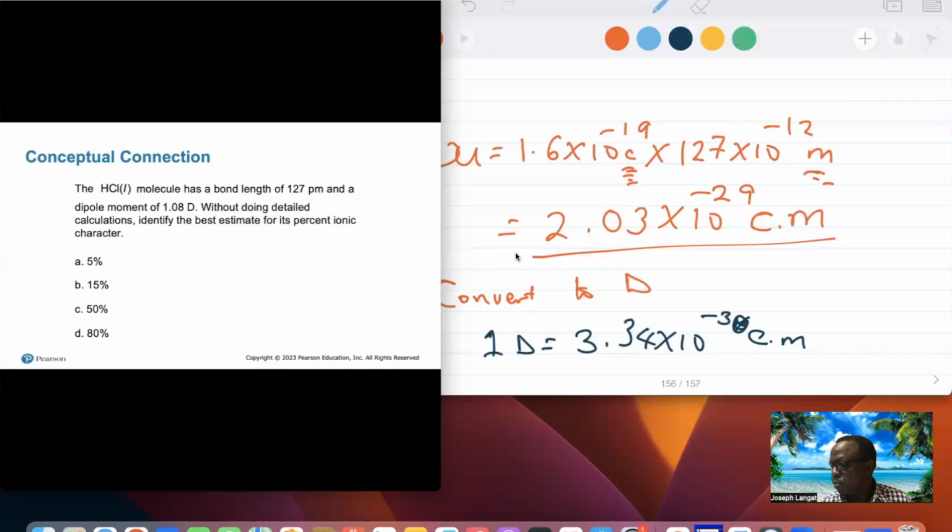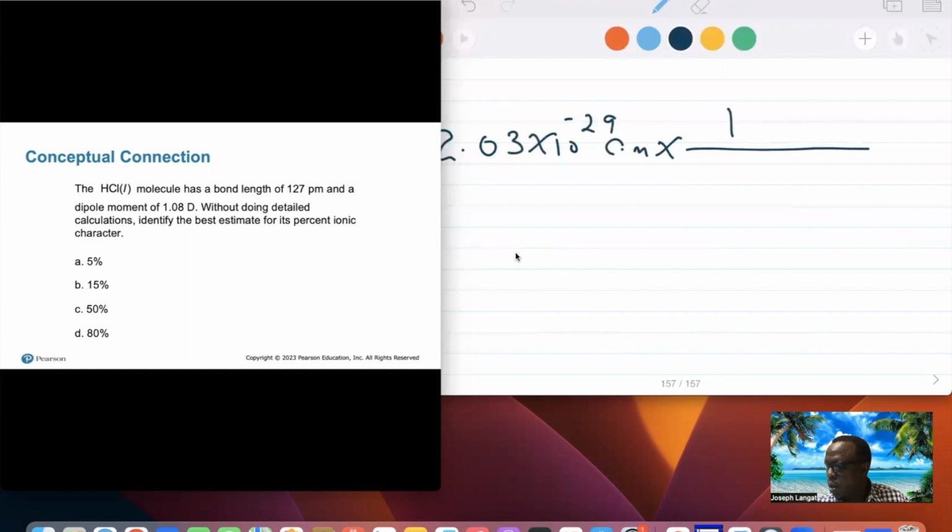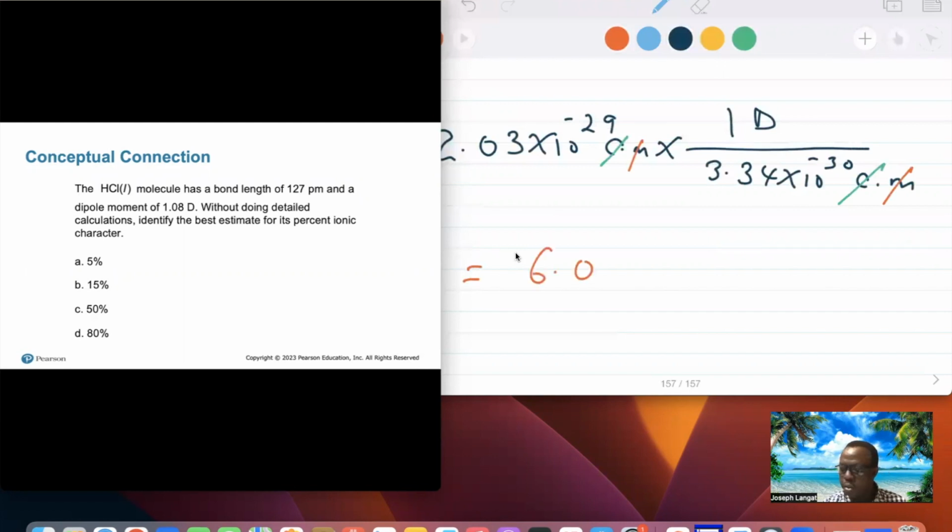If we convert that, this will be 6.03 times 10 raised to negative 29 coulombs times meter times our conversion factor. 1 debye equals 3.34 times 10 raised to negative 30 coulombs times meter, so the coulombs will go with the coulombs, meter will go with meter, and the value here is 6.07 debye for this problem.